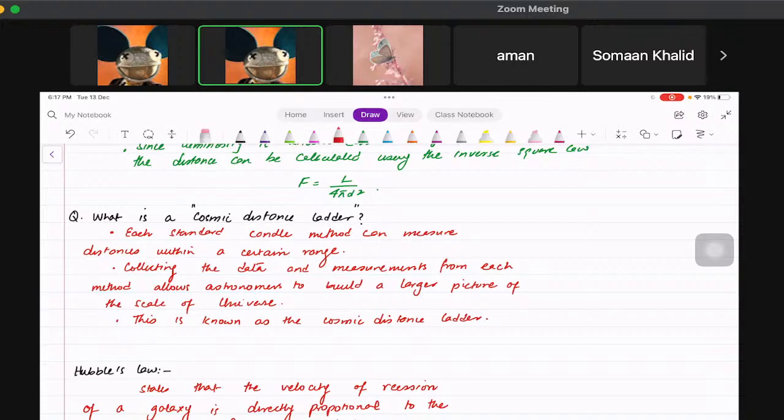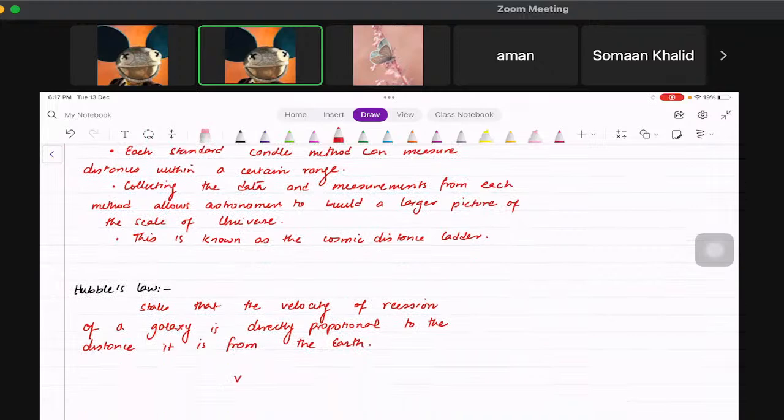All right. So velocity of recession is written as v is directly proportional to the distance from Earth, and when we remove this, we get the Hubble constant.